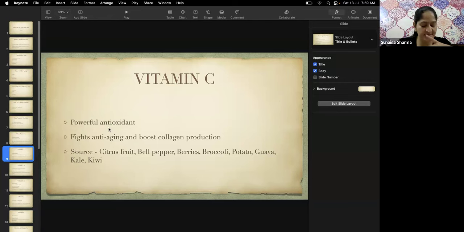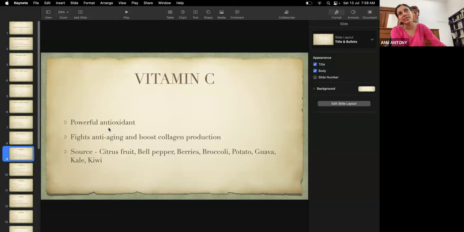Ma'am, what is the best drink for a fatty liver condition? Tea or detox water? Again, as I mentioned, it depends on the season. Tea is something you can definitely go for in winter season. Water is something you can definitely go for in summer season. Coming back to a fatty liver condition, where the requirement of detox is more because the liver is not functioning properly, see the condition, whatever their symptoms are.